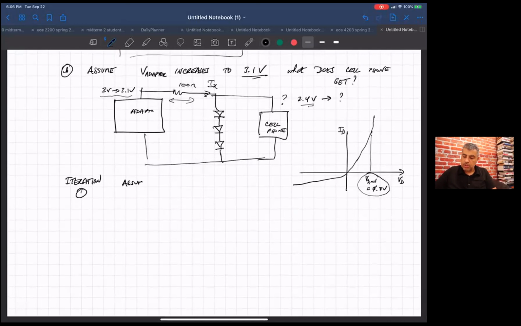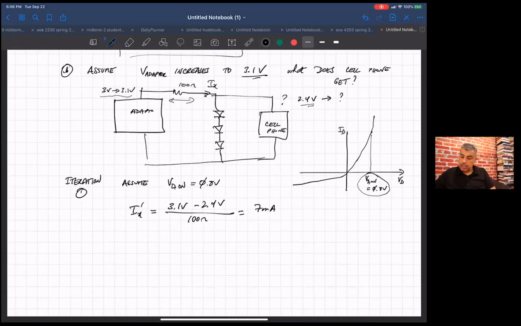So, iteration 1, assume VD on stays at 0.8 volts. And so what happens there is that we have a new I sub x. I sub x prime is 3.1 volts minus 2.4 volts over 100 ohms. So basically we end up with 7. We had 6 milliamps before for I sub x, and I sub x prime ends up being 7 milliamps.